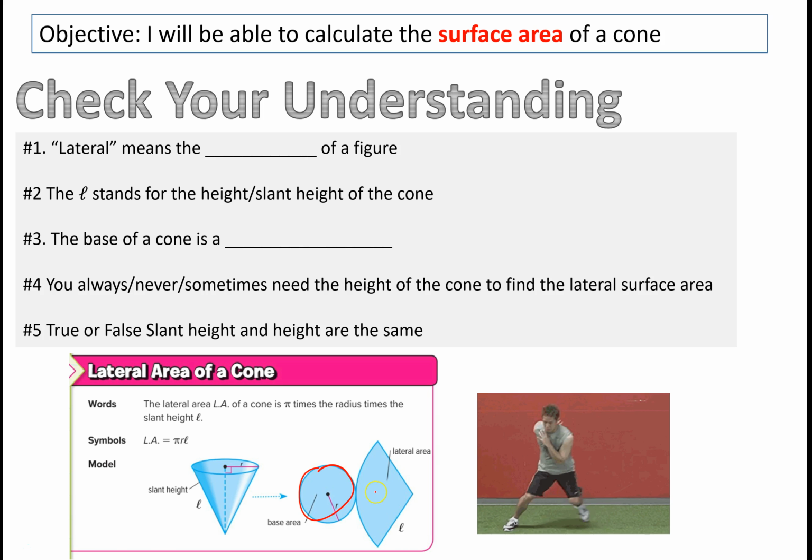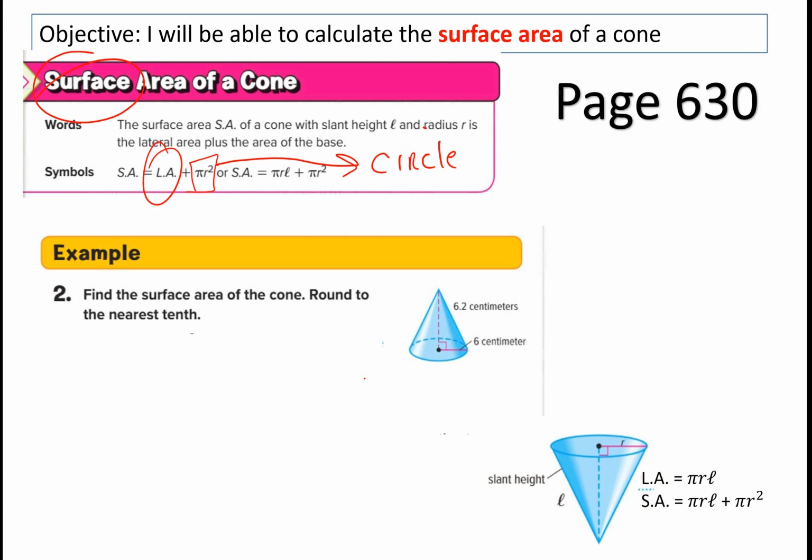We know the lateral area was pi times radius times slant height. Now we just have to add the circle, which we remember from before is pi times radius squared. So to find our total surface area of a cone, we take the lateral plus the circle.